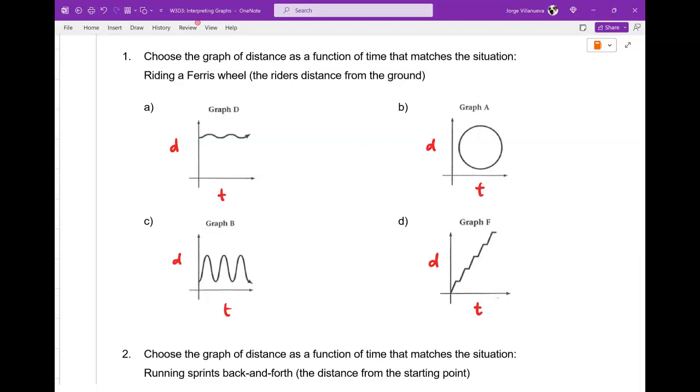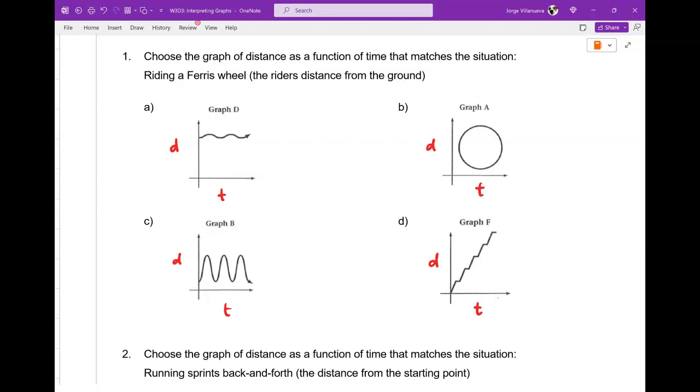So what do you guys think? Which one would make the most sense for riding a Ferris wheel? C or B? Let me look at B. That one's circular, so we think Ferris wheel, right?